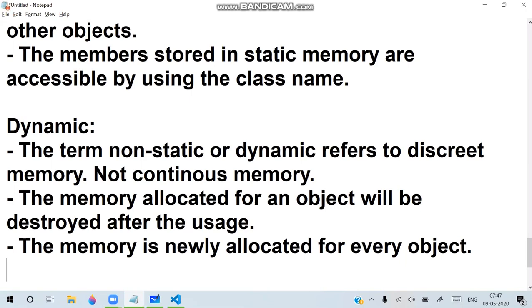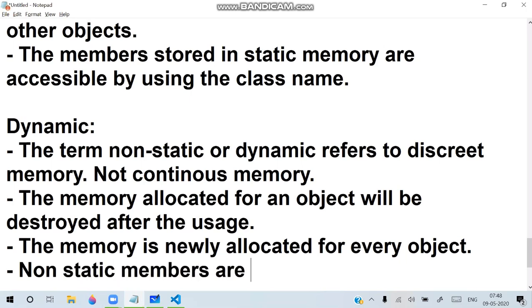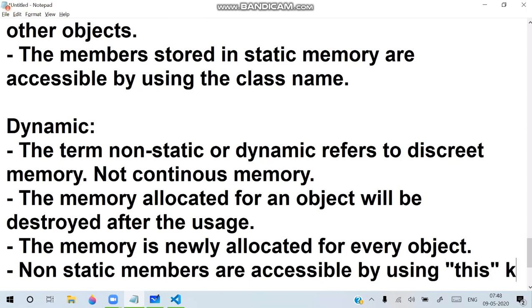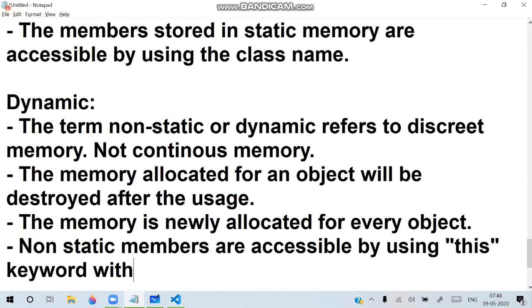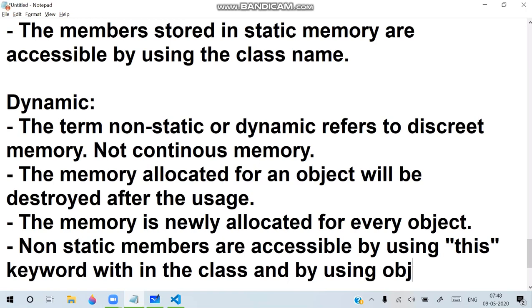Let's prove this point. Non-static members are accessible by using the this keyword within the class, and by using an object outside the class.